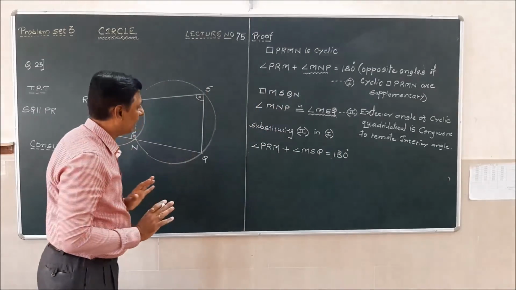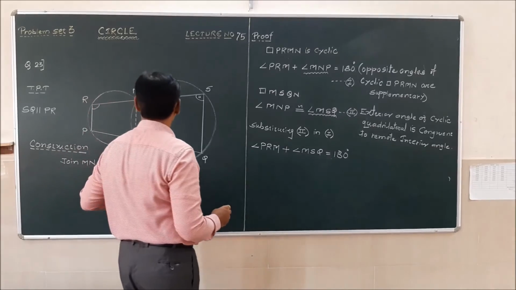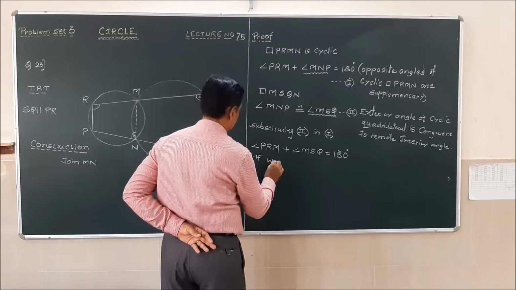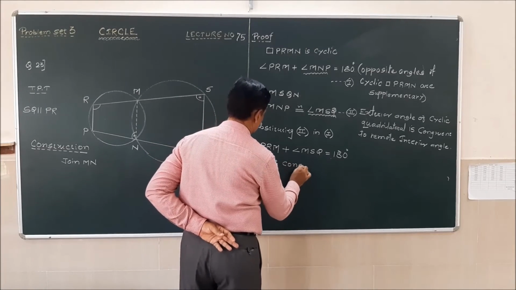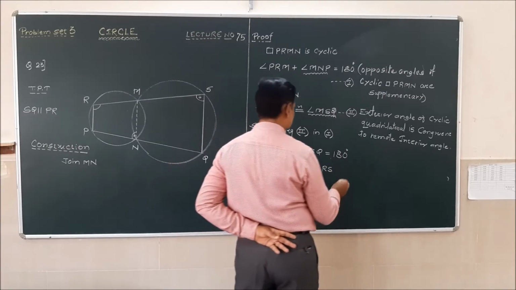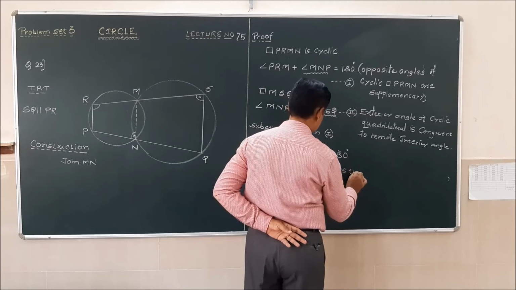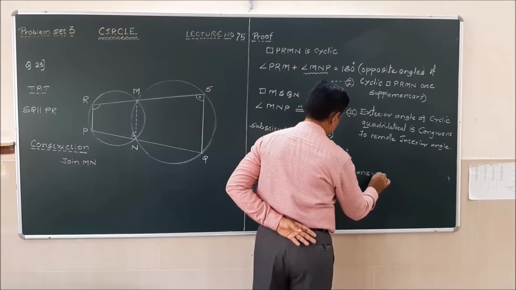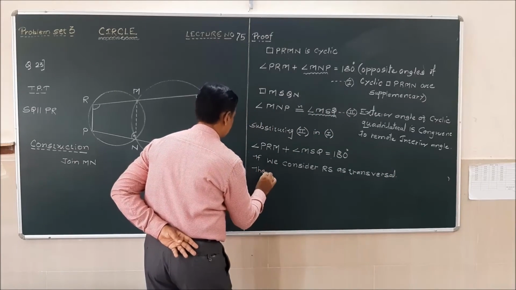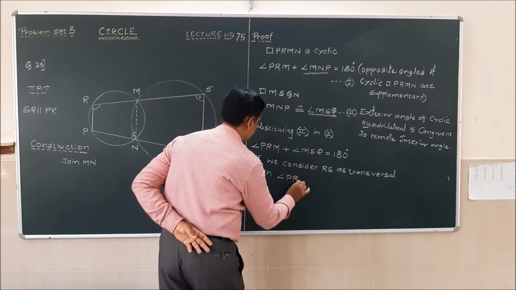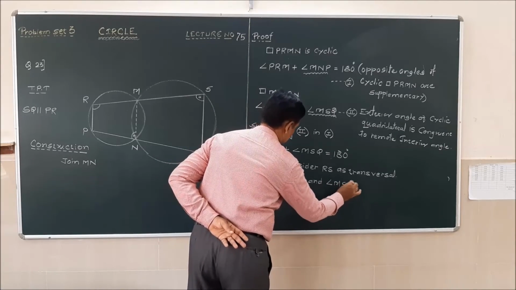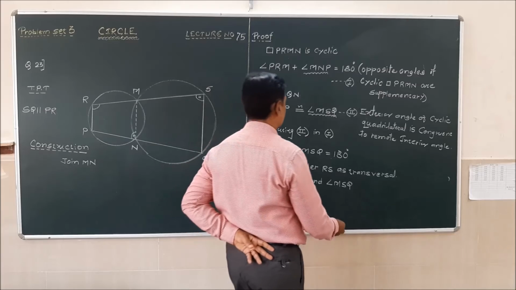Very simple. So if we consider RS as a transversal, then angle PRM and angle MSQ are interior angles.